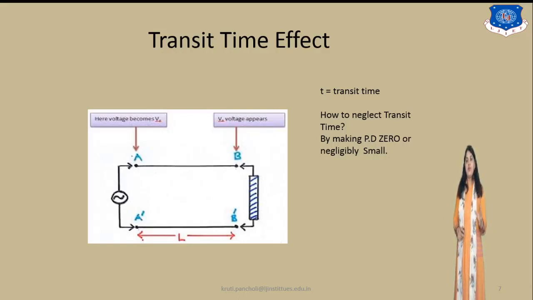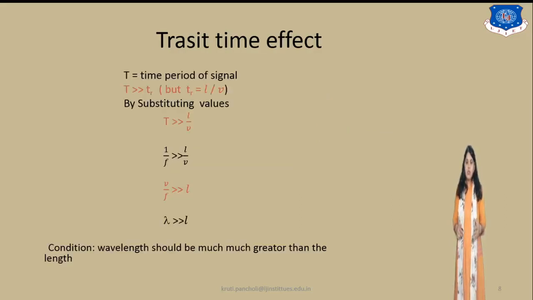Here you can see, suppose T is the time period of the signal. So T is much greater than the transit time Tr, but Tr is equal to L upon V. By substituting this value in the equation, T is much greater than L upon V.